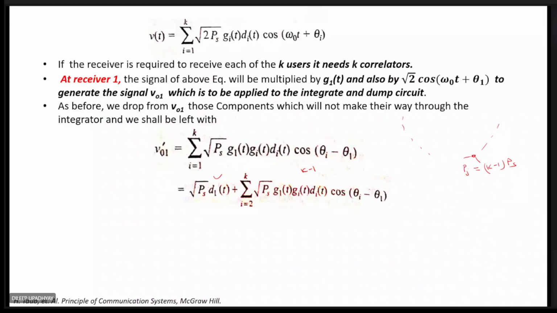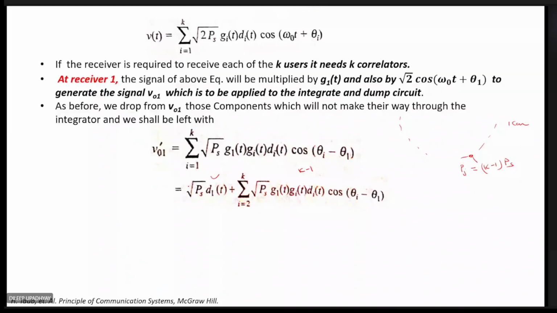So here I wanted to tell you that V01, which is the signal received by the first correlator, the output of the first correlator, or you can say the output of the low pass filter and integrate and dump circuit of the first correlator, is given by this one. It is based on the data D1(t).